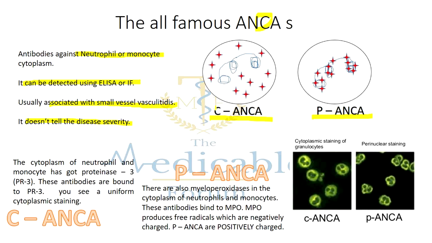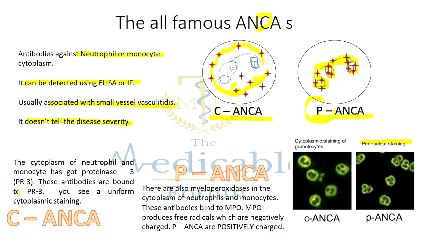C-ANCA is the cytoplasmic ANCA, where you see the antibodies are usually in the cytoplasm. But P-ANCA, what's P? It's a perinuclear antibody. It binds to the cytoplasm adjoining the nucleus, right? That's what you see here.